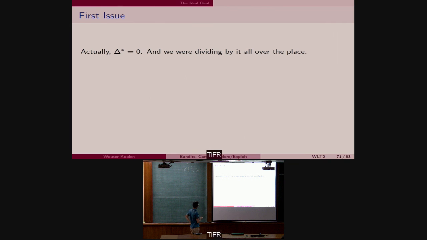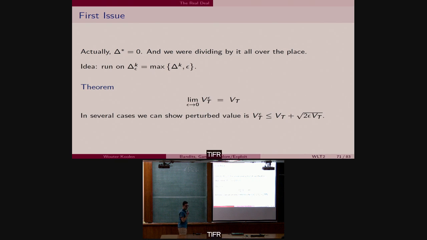So, one of the problems is there are these gaps. And of course, the gap on the best arm is 0. Right? But I was freely dividing and multiplying by it all over the place. So that is actually not working. So we fixed that by cheating, or inside our algorithm, putting a minimum on all the gaps that we compute. So we estimate them and then we bring them off of 0.